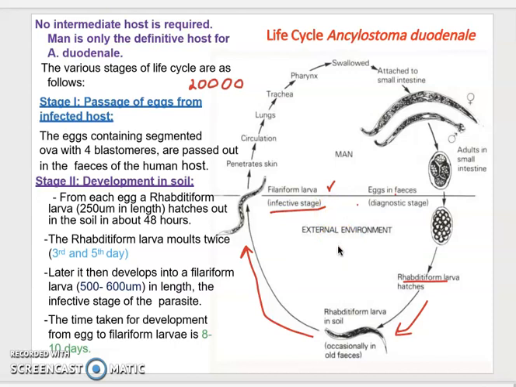It feeds on organic debris and soil bacteria.